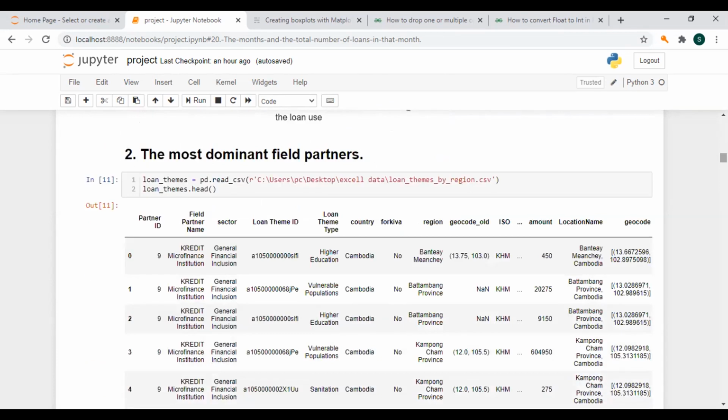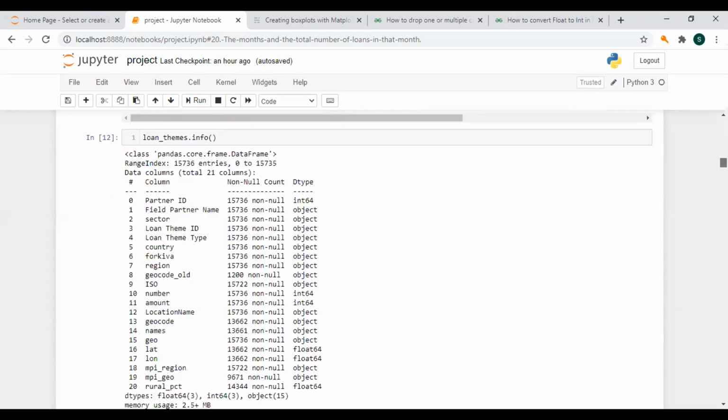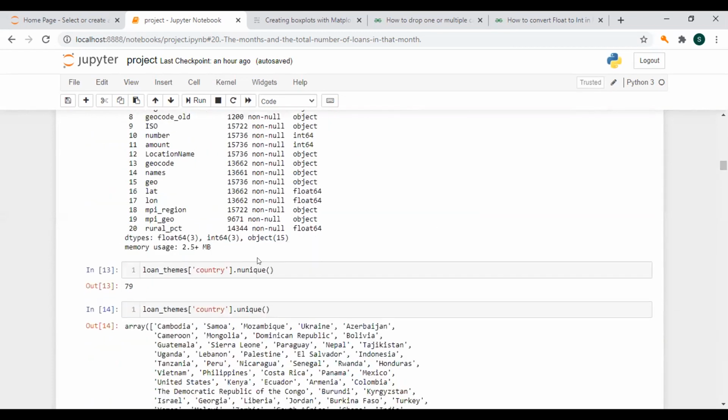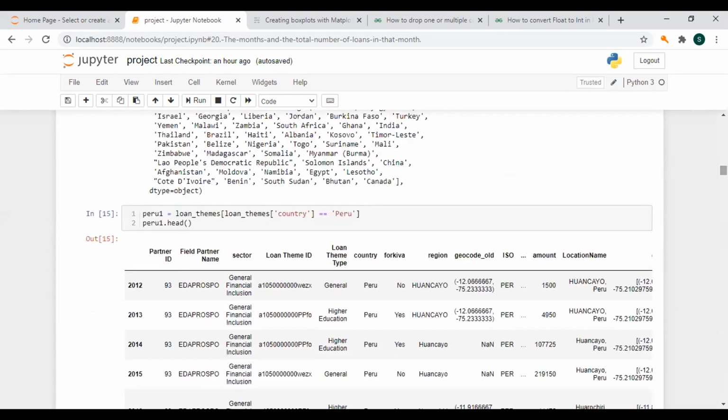Then the most dominant field partner. So here actually it was a challenge, but I did use the theme loans, the theme data, not the theme loans. Then just for that, to get to know more about the data, the country, to get to know about the unique ones, because I didn't actually want to subset the one for Peru, which I was using.